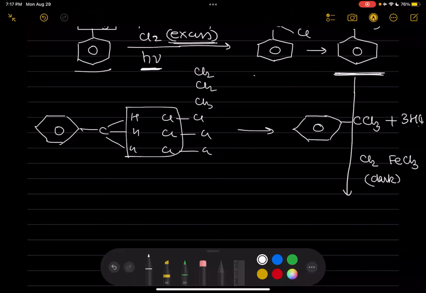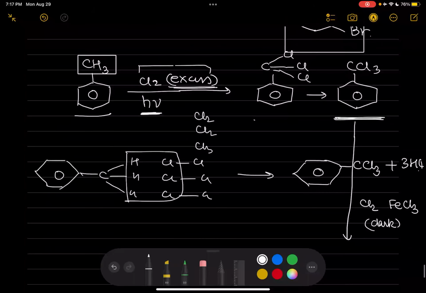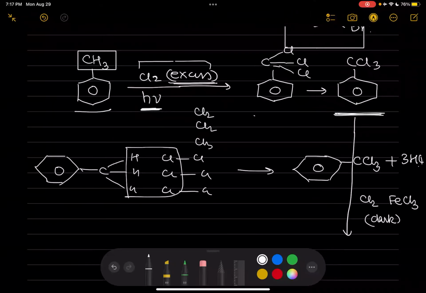So now where is the Cl going to connect itself? On the benzene ring. But where with respect to the benzene? This is CCl3. The situation has changed entirely. Initially it was methyl. Now it is trichloromethyl.